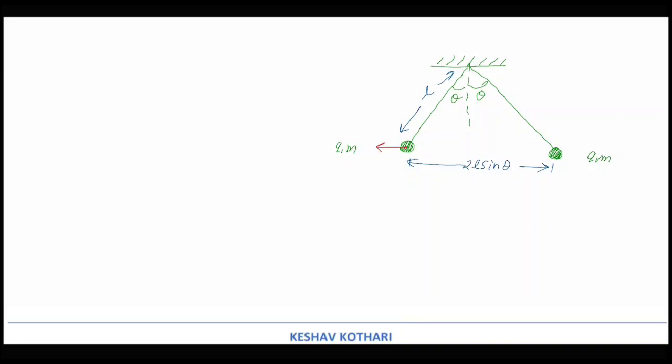The first force is the force of electrostatic interaction between the two charges, and then there is a gravitational force, that is mg, or the weight acting in the downward direction, followed by the tensional force in the string, that is T. If I draw its FBD, we can draw it this way: the electrostatic force is equal to kq square by the separation between them squared, that is 4L square sine square theta. The weight mg is acting in the downward direction and the tensional force is T.